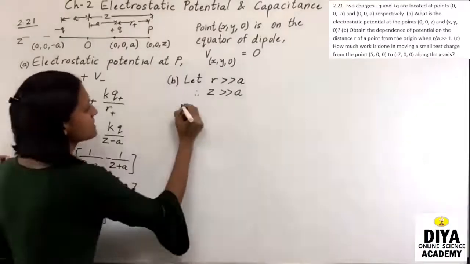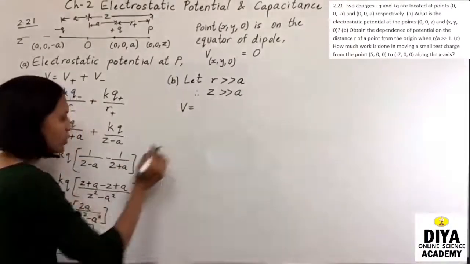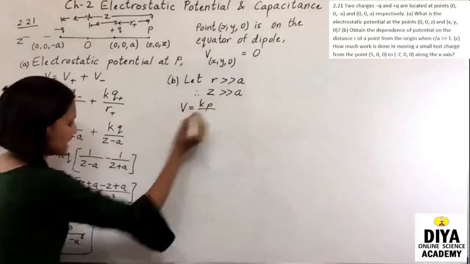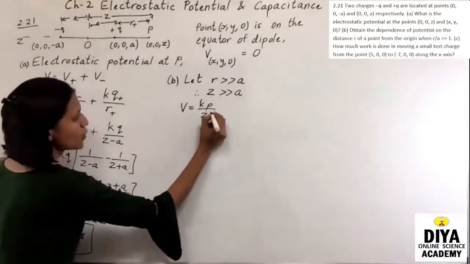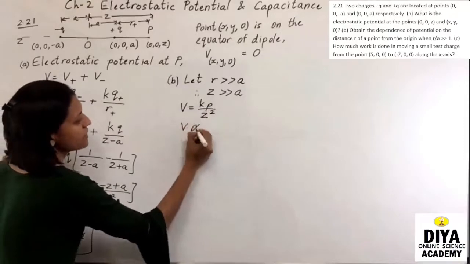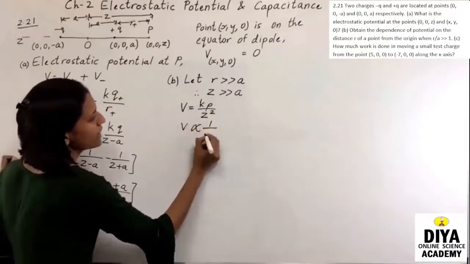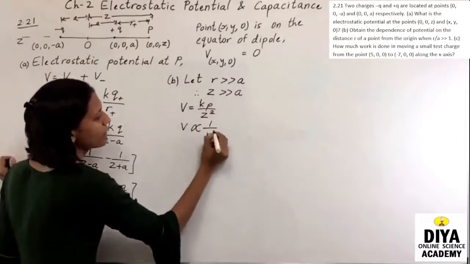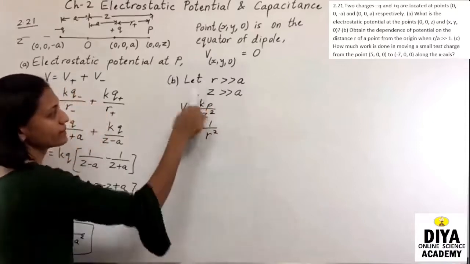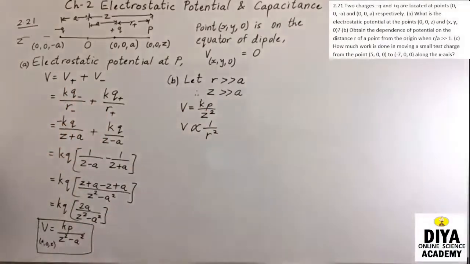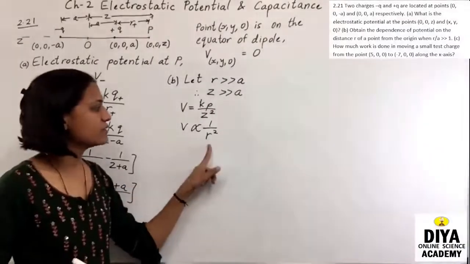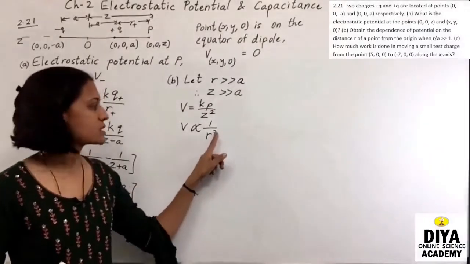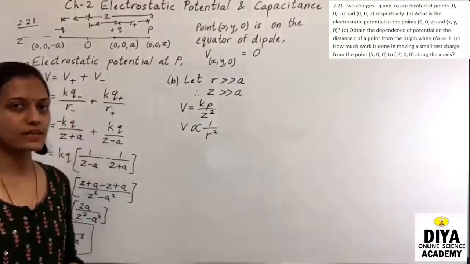So the answer will now be only Kp upon Z square. That means V depends upon 1 upon Z square or 1 upon r square. Okay, so potential will be inversely proportional to the square of the distance.